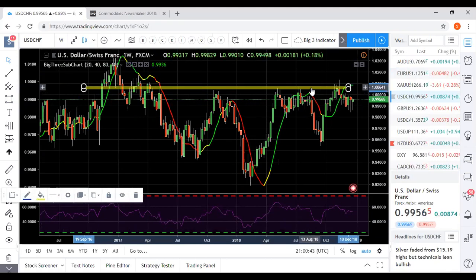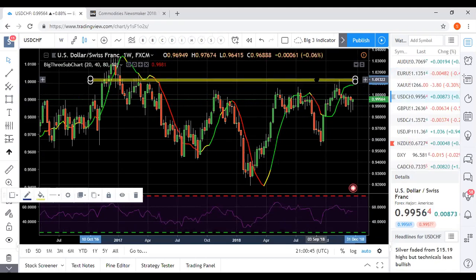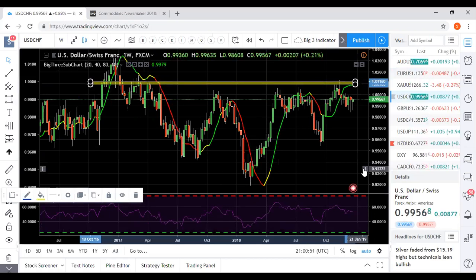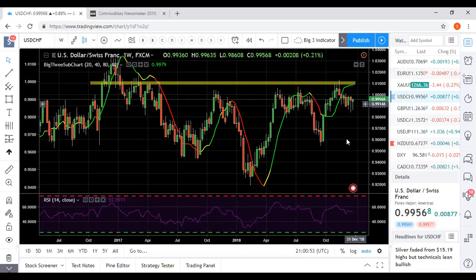We can move this slightly higher up to this region here, the 1.01 region, where it had a big drop from. So potentially this might go back up again and hit that again, right? And you will see RSI will automatically go up if that happens. But this is the safe haven currency, CHF.